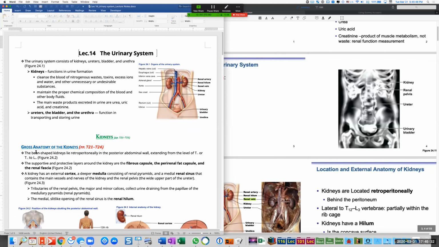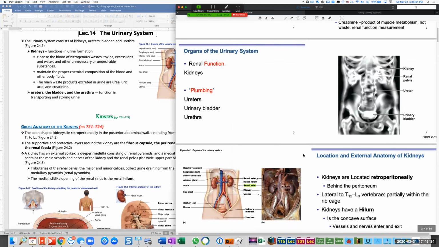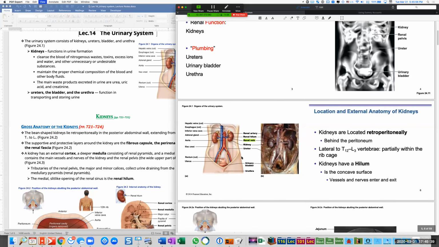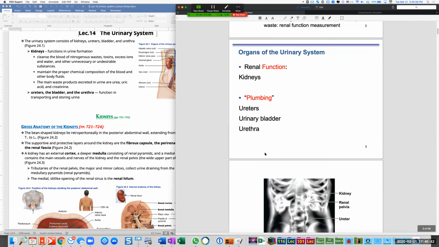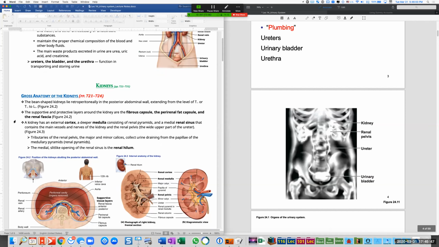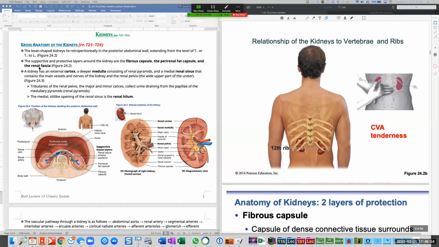First, let's talk about the gross anatomy of our kidneys. I'm using old slides here to give you additional illustration. Your kidneys are the two bean-shaped organs that lie in the retroperitoneum, so behind the peritoneum, in the posterior part of your abdominal cavity.